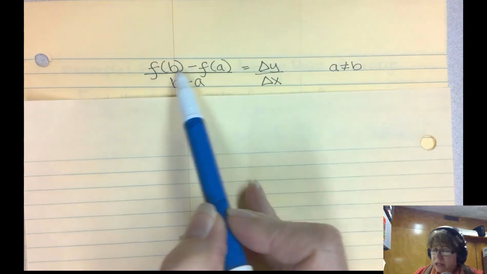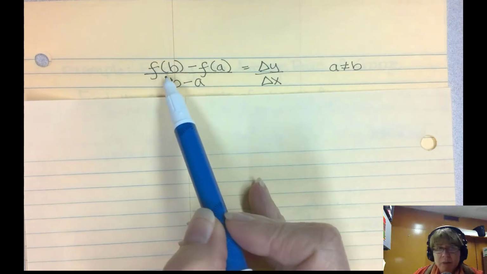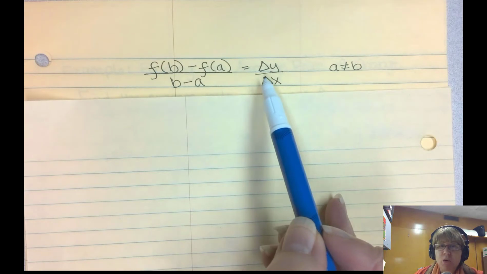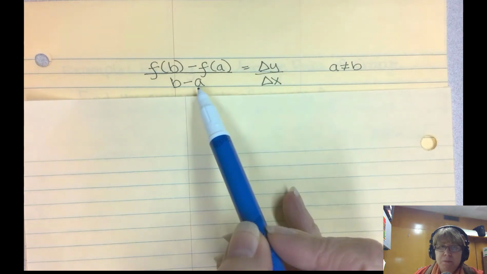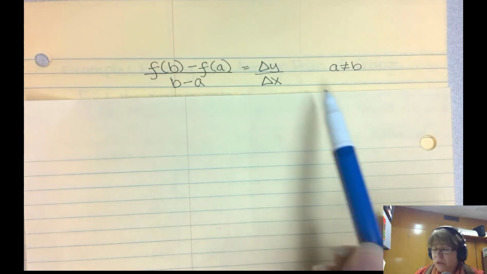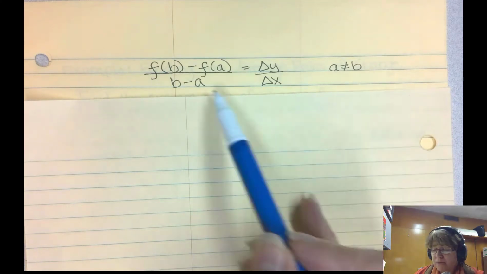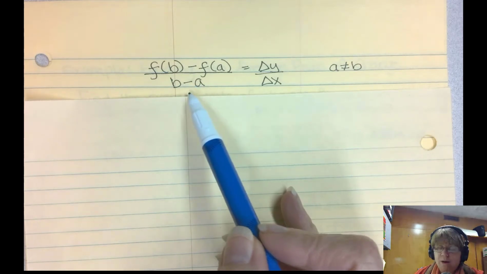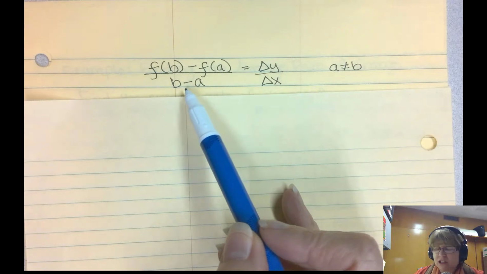Now, the function evaluated at b minus the function evaluated at a is the change in the y's. And b minus a is the change in the x's. And we don't want a to equal b, because if a equaled b, then we'd have 2 minus 2, and that equals 0. Or 5 minus 5 is 0, and we don't want a 0 down in the denominator.